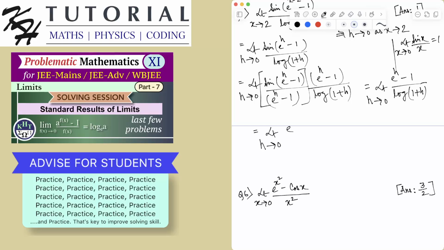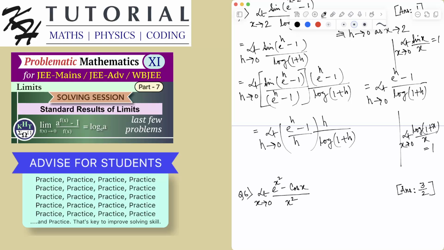There is another standard result that limit x tending to 0 of log of 1 plus x divided by x is equal to 1. So for e to the power h minus 1, I will create the h so that I can apply the standard result. I will adjust the h, and I have log 1 plus h.